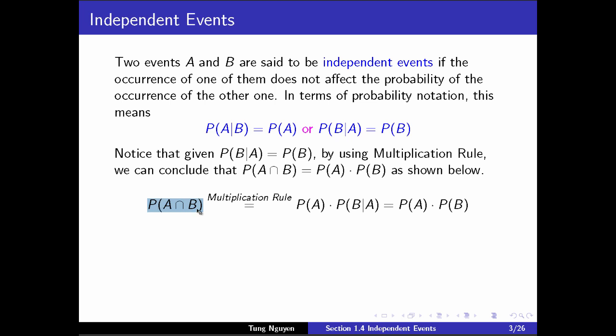Probability of A intersect B is the same as probability of A multiplied by probability of B.